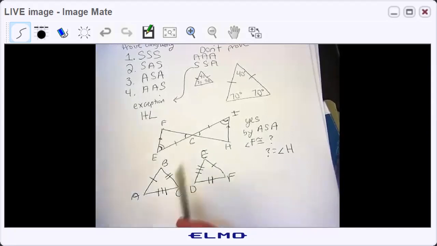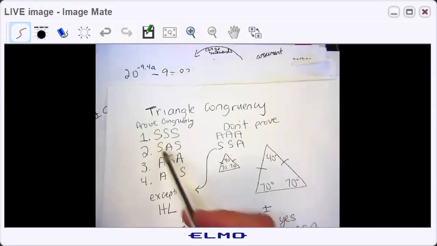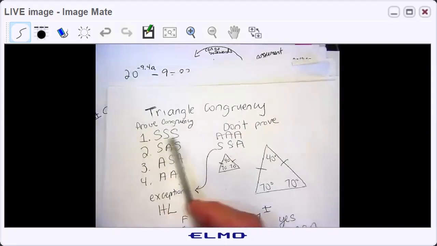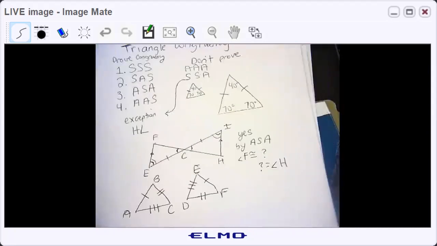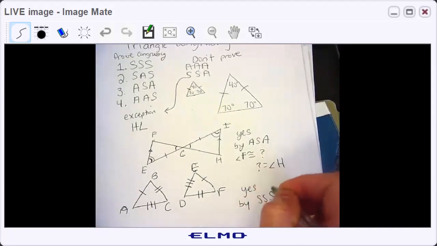Well, if you look at these triangles, they both have 3 markings. Now, that doesn't always mean that they're automatically congruent because it could be the 2 that don't prove, but they are all sides, so we know that. I go back to my list. Side, side, side was one of the ones that does prove congruency. So this would be a yes, and it would be by side, side, side for your explanation.